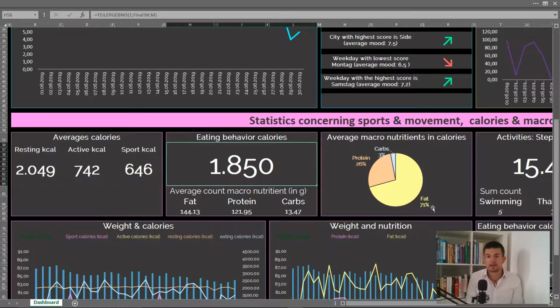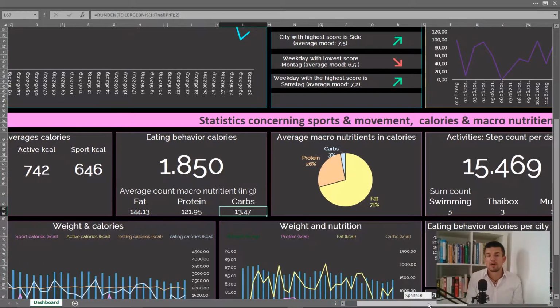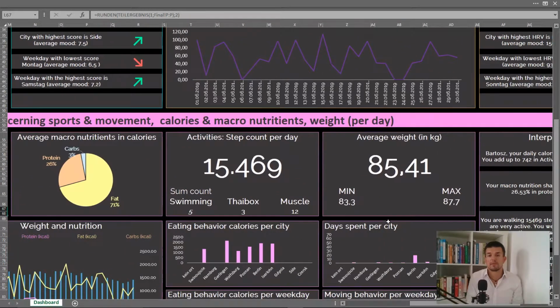And the share increased. Fat is now 71%, protein is 26%, and carbs are 3%, with carbs being under 20 grams. Still with high sports activity, my weight decreased to 85.41.